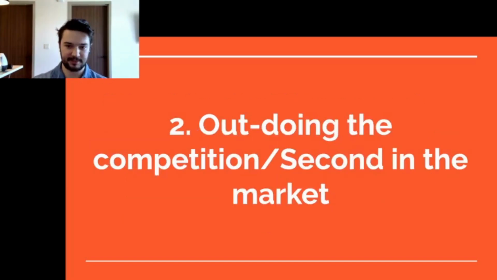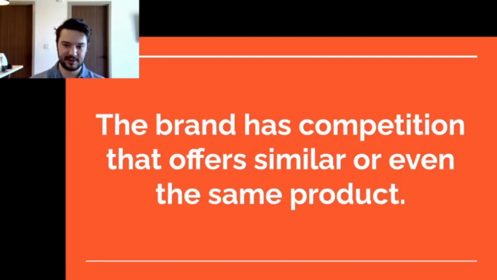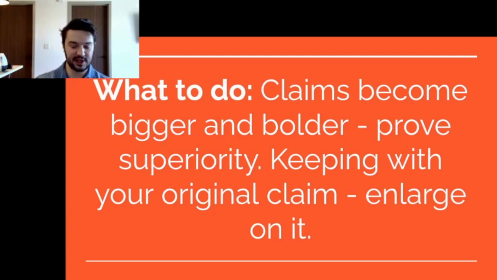and then you're going to introduce your product. Second is now you're actually at the stage where you are not the first in the market. There are other products like yours, and so this is getting into the competitive stage. So the brand has competition. It offers similar or even the same product. What are you going to do in this situation? Well, now your claims are not just going to be simple.